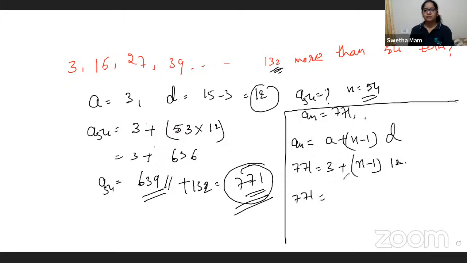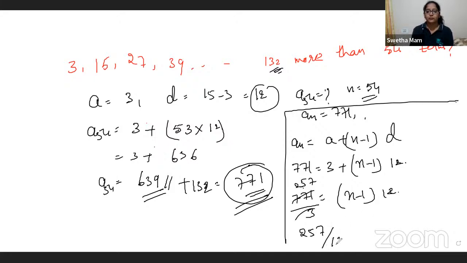771. Okay, we can divide by 3. Sorry, one second.